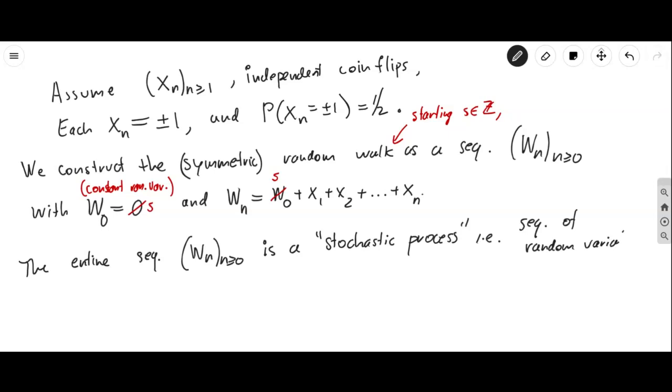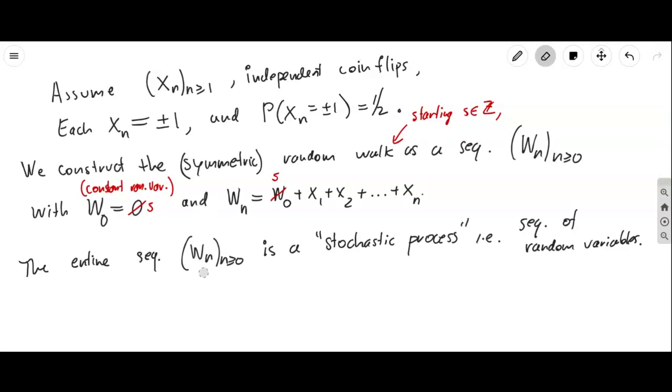You could also say that this sequence up here that we start with is also a stochastic process. But that's not a very interesting example because for this stochastic process, every flip is independent of every other flip. So whatever happens at one moment in time is independent of what happens at another moment in time. So yes, you'd have a sequence, but they have nothing to do with one another.